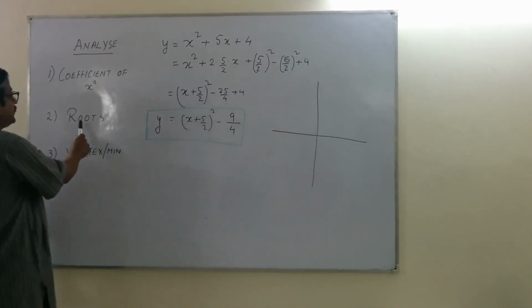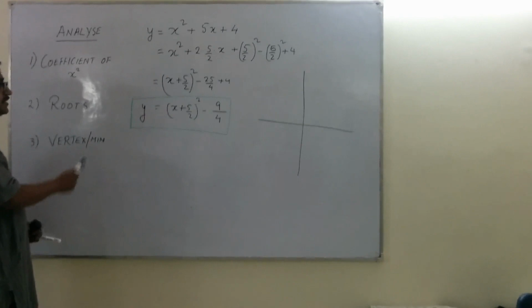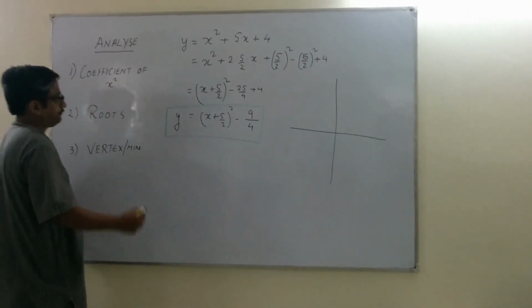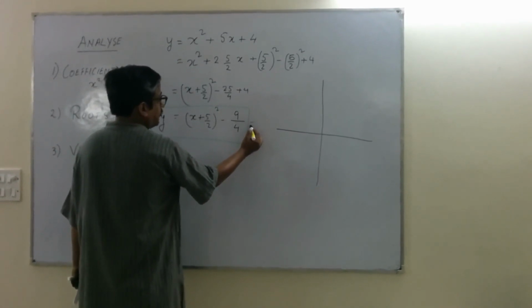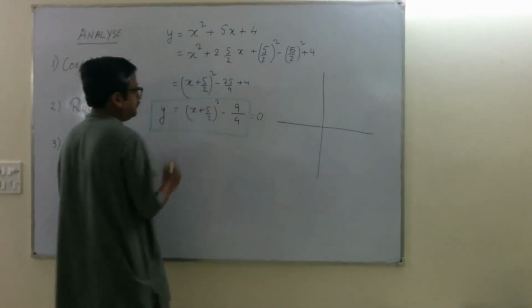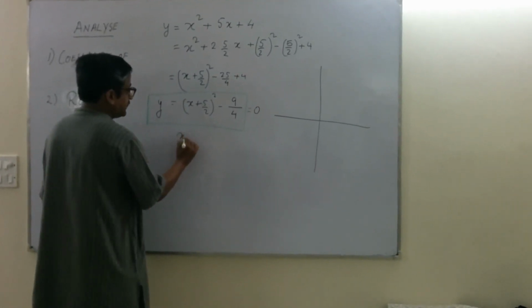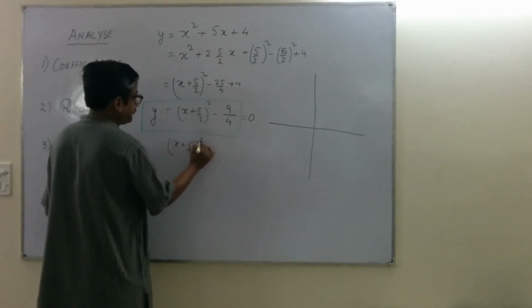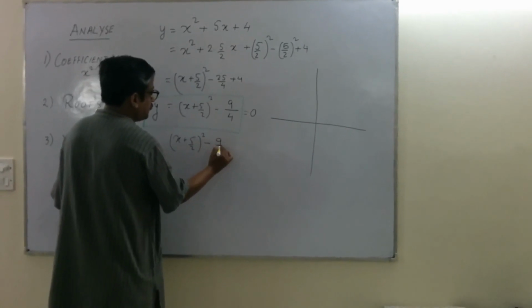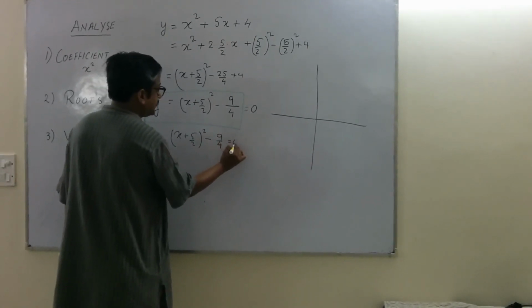So here we are going to find the roots or the zeros of this polynomial. The roots can be found out by just equating this to 0. That is x plus 5 by 2 whole square minus 9 by 4 equals 0.